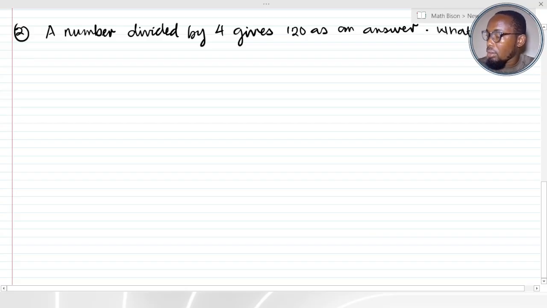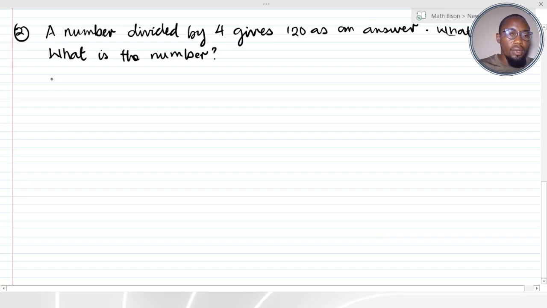What is the number? What is the number? A number divided by 4 gives 120 as an answer. What is the number? So the step 1 you want to take is to look for your keywords.